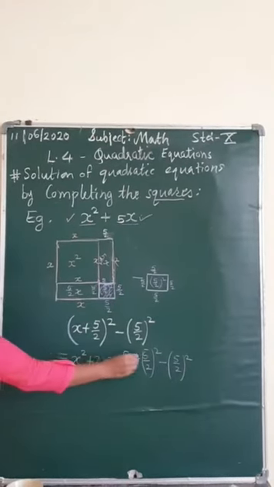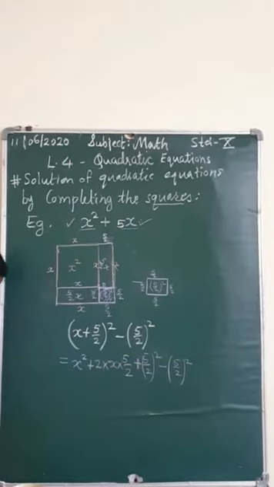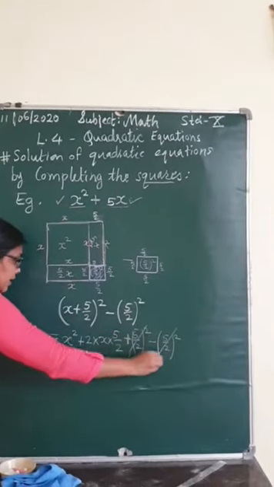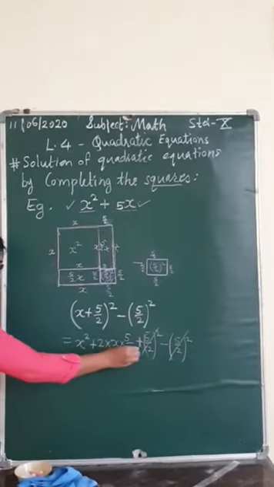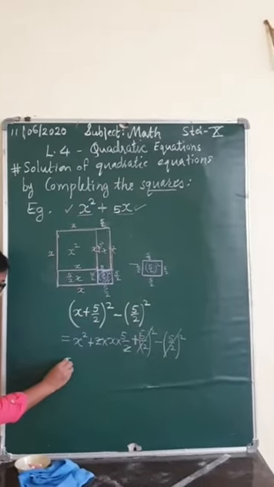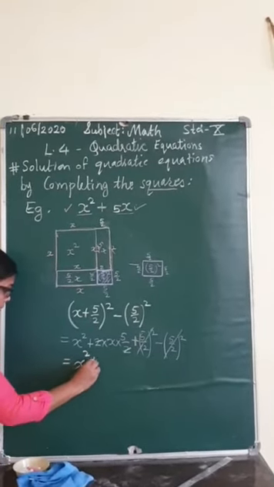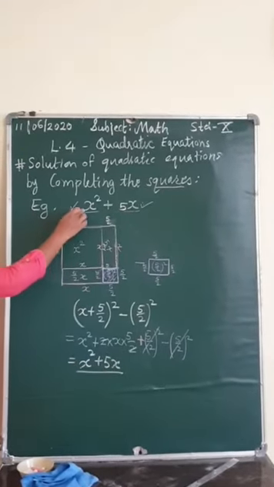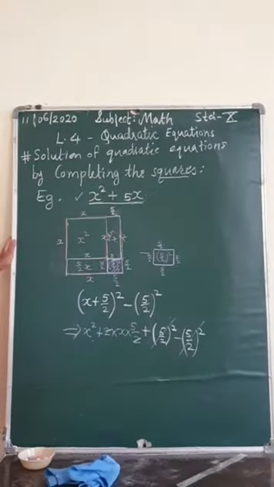Now the plus 5 upon 2 whole bracket square and the minus 5 upon 2 whole bracket square get cancelled here itself. And 2 ones are 2. So finally we get x square plus 5x. Is it not equal to this x square plus 5x?